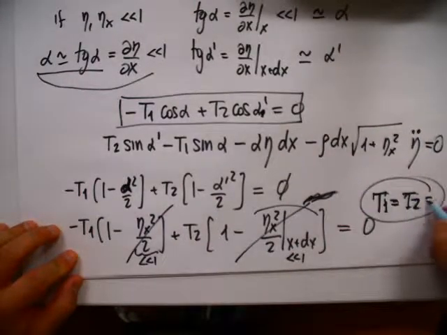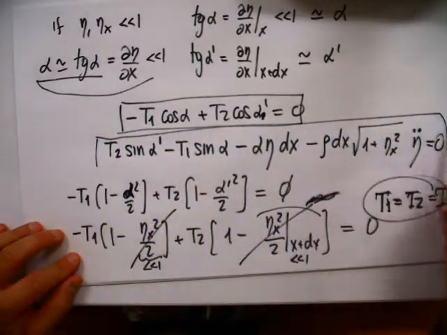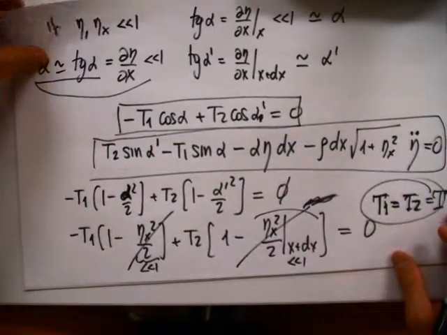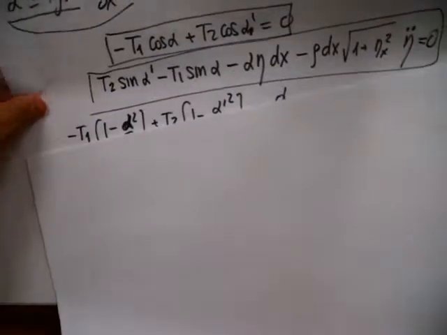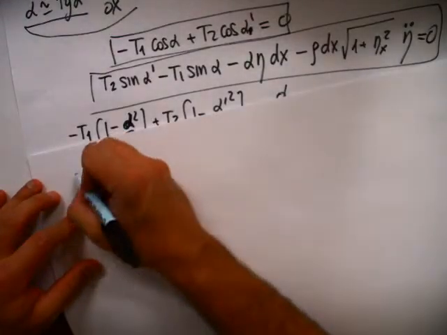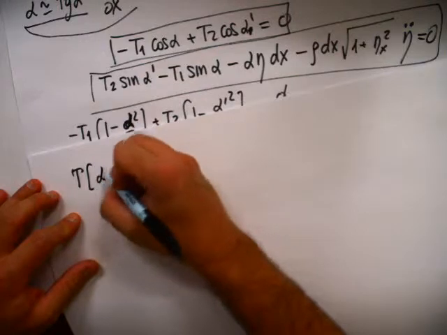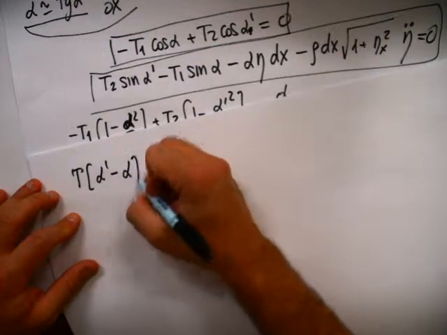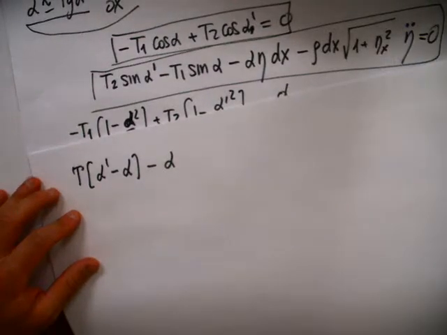Let's see what happens now to this other equation, which is going to give us the main dynamics. Now we know that T2 is equal to T1 is equal to T, so we can do a further simplification. So we're going to get T, which multiplies sine of alpha prime minus alpha. Oh yeah, here there is a problem.